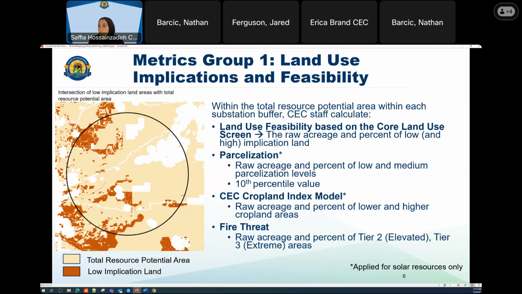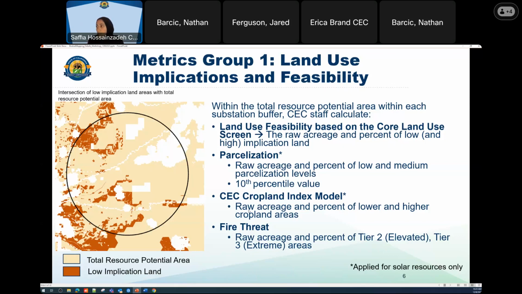And for parcelization, we have 3 factors that we calculate within the total resource potential area. We report on the total area and the percent coverage of the low and medium levels of parcelization within the study area. And we also report on the 10th percentile value.